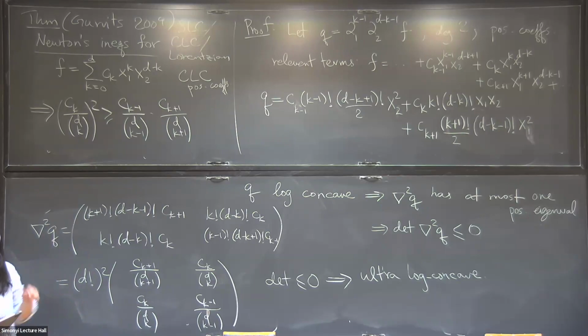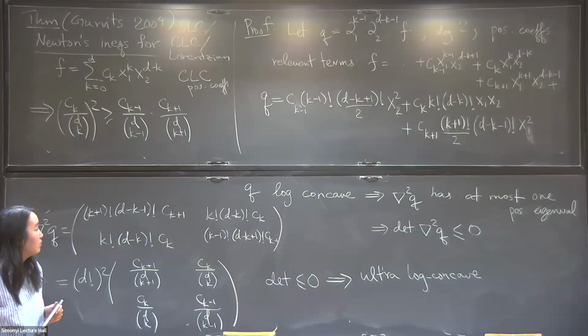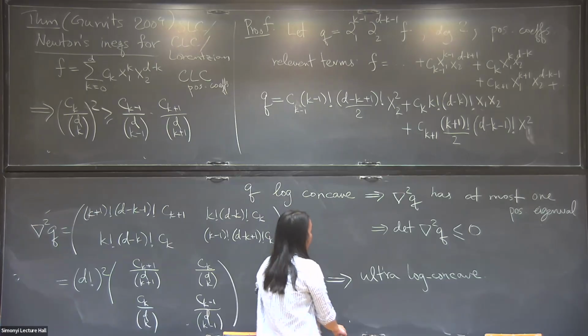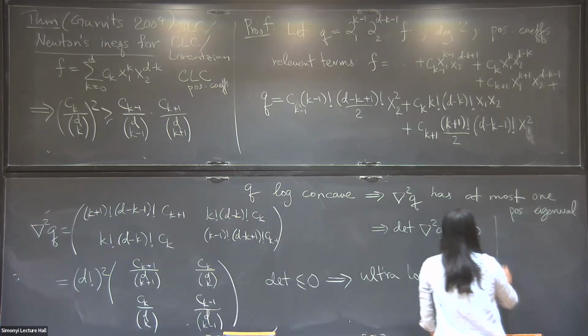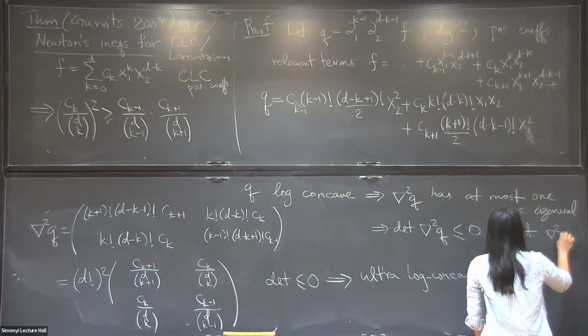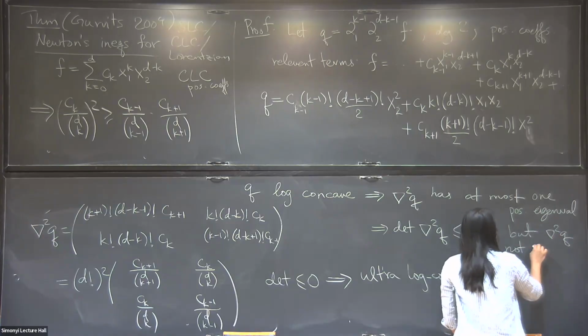Yeah, I thought there's a question. Could I ask, I can also ask after, but could you go over again why the determinant of nabla squared f is less than or equal to 0 is implied from the previous statement? Yeah, that's right. Okay, maybe let me write a little more. So it has at most one positive eigenvalue, but it is not negative definite.